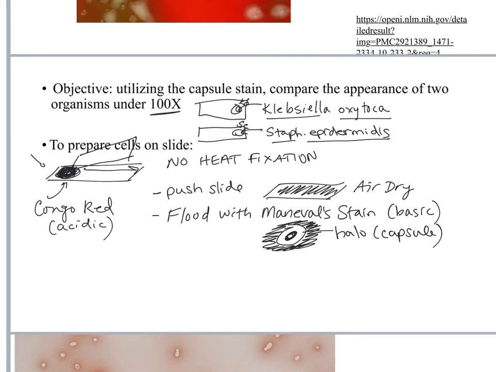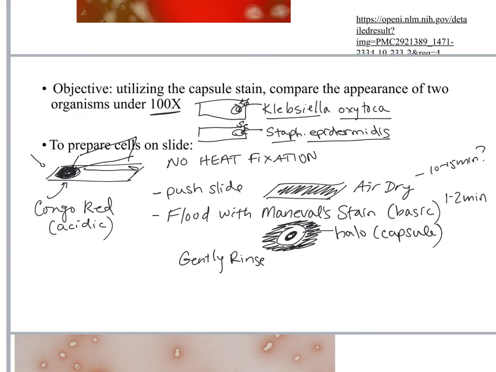Okay. So air drying it may take maybe 10 or 15 minutes. It kind of depends. As long as most of it is air dry, then you're in good shape. For the Maneval's stain, whatever your book says, I think it's 1 to 2 minutes, something like that. And then you're going to really gently rinse with water. That Maneval's stain is also a pH indicator.